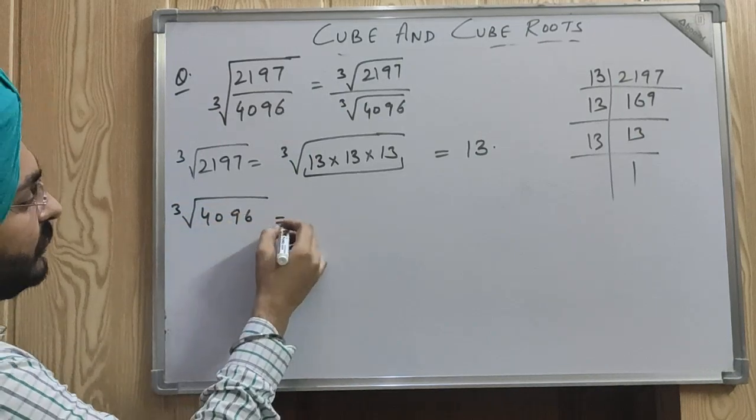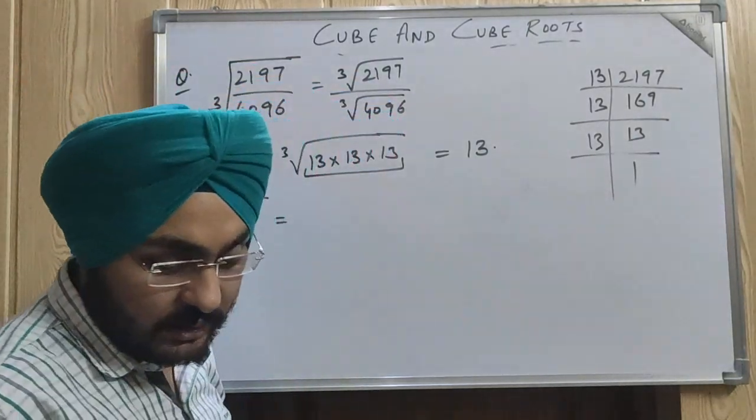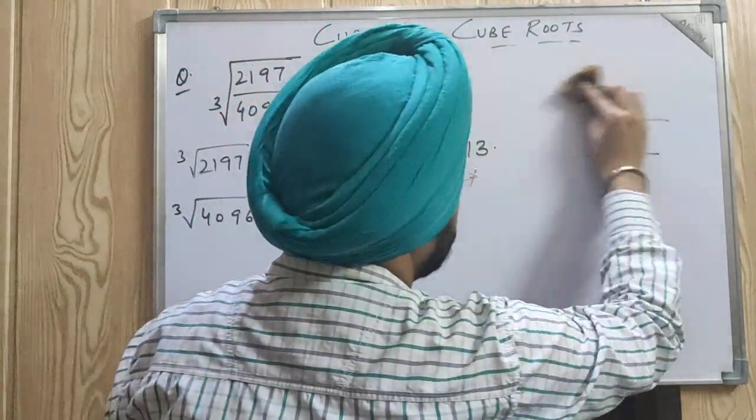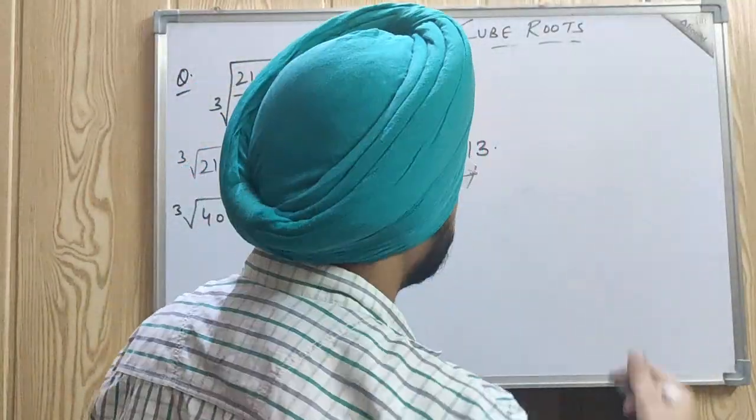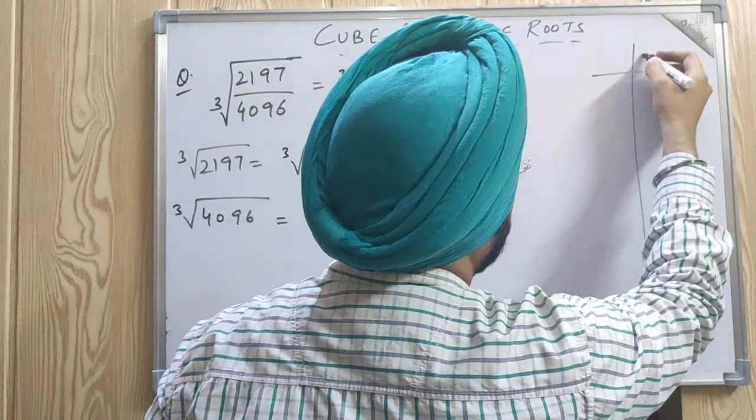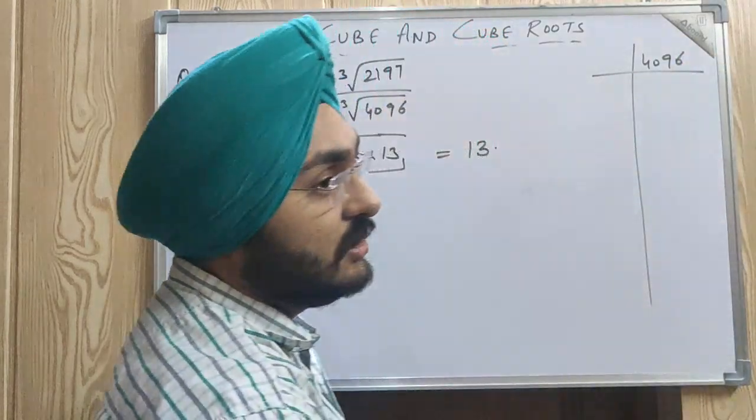So coming to 4096, start doing the prime factorization of this 4096. It will start with 2 only.